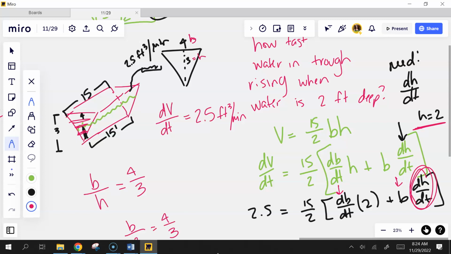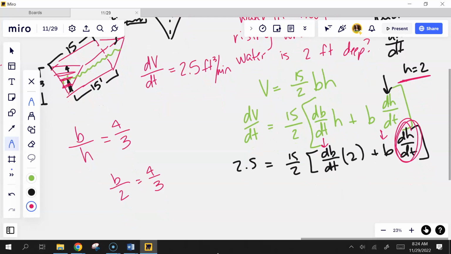Right now, you probably wouldn't. This one was a little hard to start with. This one's tough. The more we do, you'll start to recognize which variables are constants, and then it makes it easier as you take a derivative.